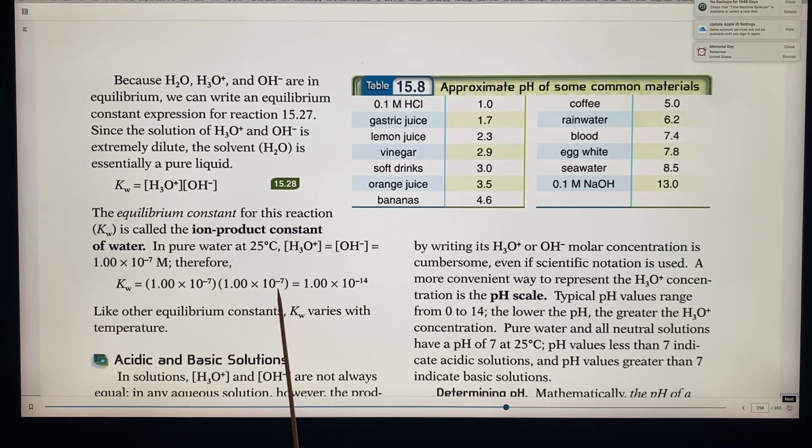If you multiply those together, you add the 7s and you get the negative 14th. So in pure water, it's going to be 1 times 10 to the negative 14th.